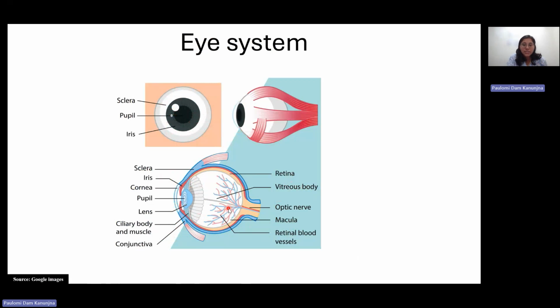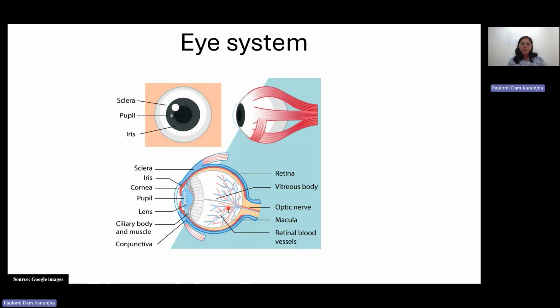So the aqueous is between cornea and lens, and the vitreous is behind the lens. So how you can remember, aqueous is A, so it is at the front, and then comes vitreous V, so it is at the back. So between cornea and lens, you have aqueous humor. Behind the lens, you have the vitreous humor.